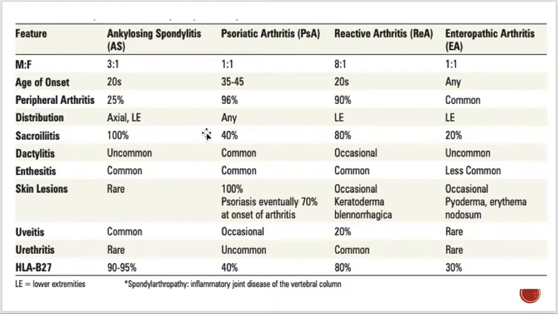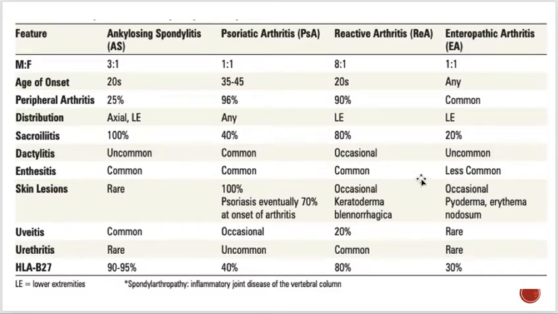Now, one of the features of these conditions is sacroiliitis, the place where the sacrum is joined with the ilium. They all give it, but in ankylosing spondylitis, 100% of the time you will find inflammation of this joint. Dactylitis is common in psoriatic arthritis. Enthesitis, the inflammation of the areas where the tendons are inserted, almost all of them commonly give this feature.